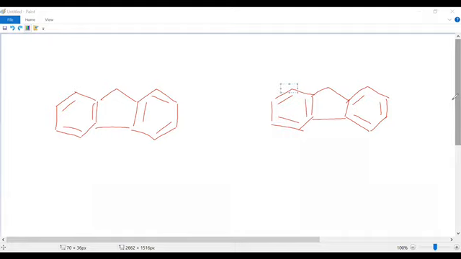If you have to look at the NMR of this structure, how would we differentiate based on that? An OH peak will appear in your proton NMR. That peak will be absent in your product.